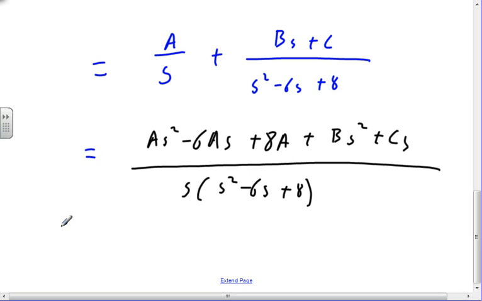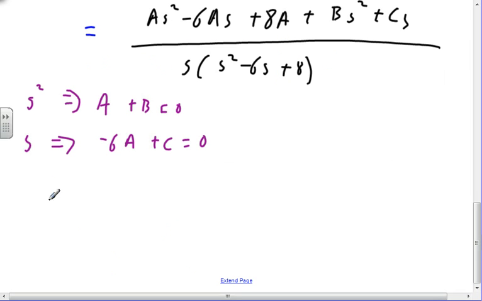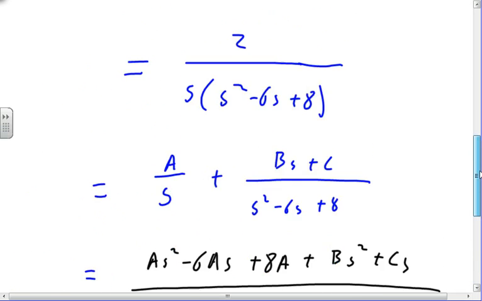Now we're going to look at the s squared term: A plus B is equal to 0. Then we're going to look at the s term: minus 6A plus C is equal to 0. And then we're going to look at the unit term: 8A is equal to 2.